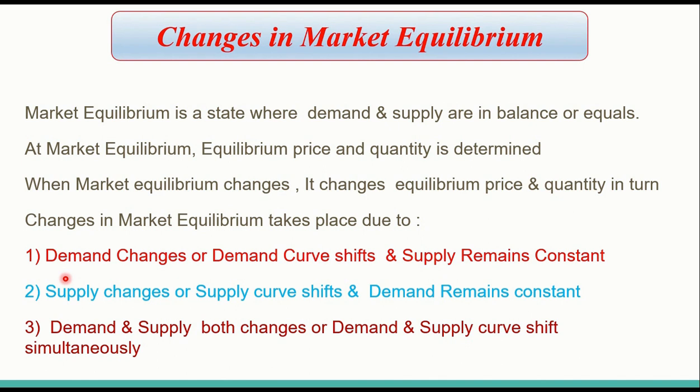One, when demand changes or the demand curve shifts and supply remains constant. Second, when supply changes or the supply curve shifts and demand remains constant. And third, when demand and supply change together, or shifts in both the demand and supply curves.